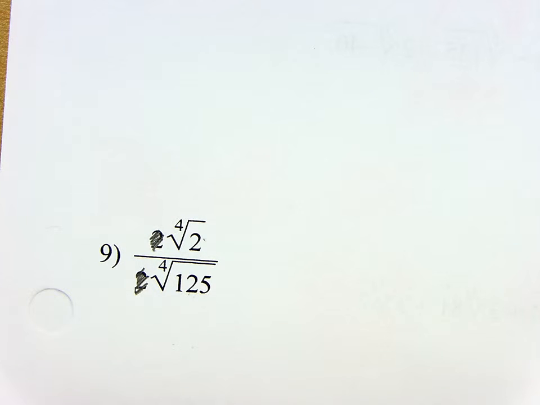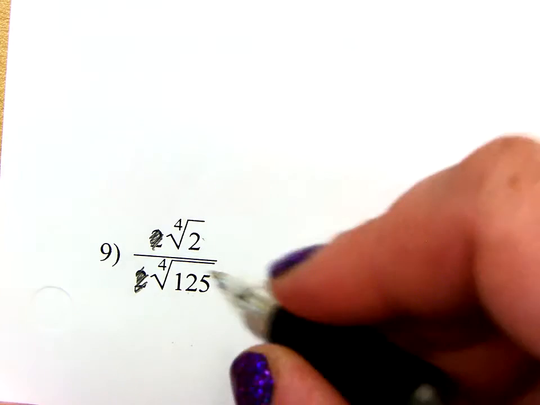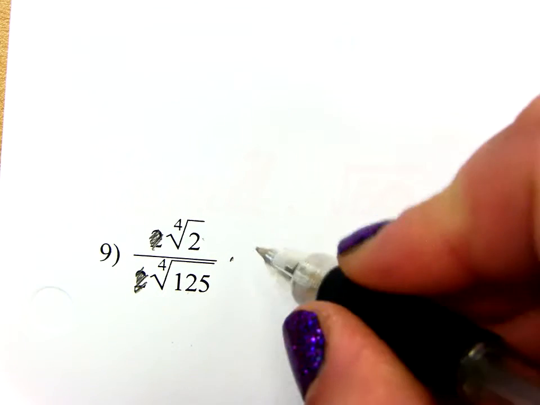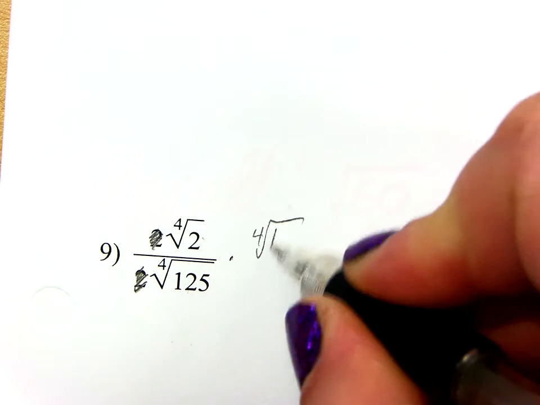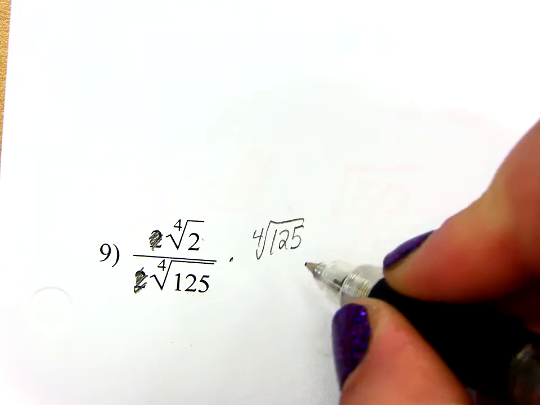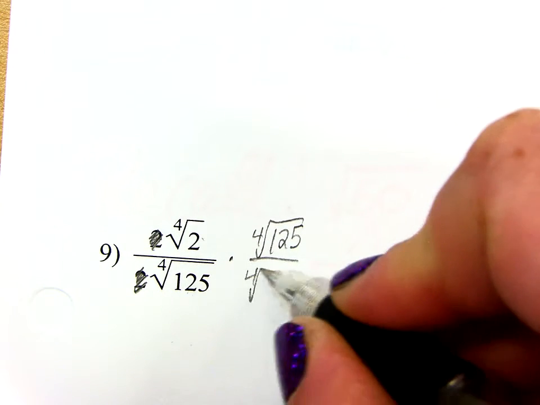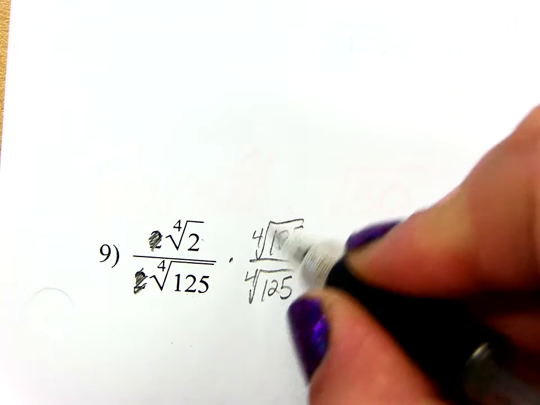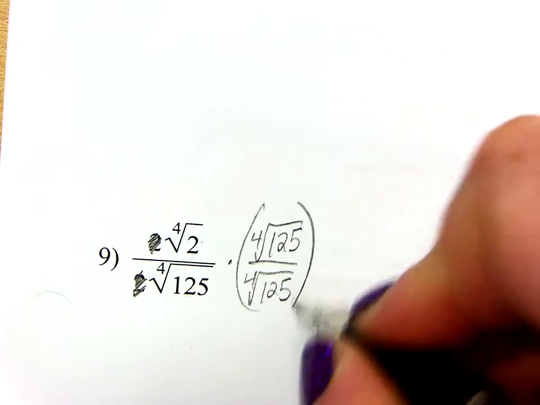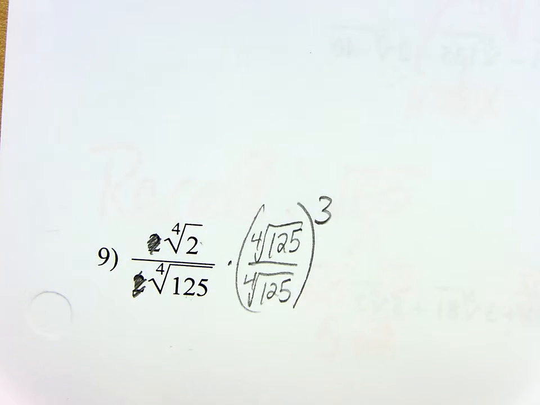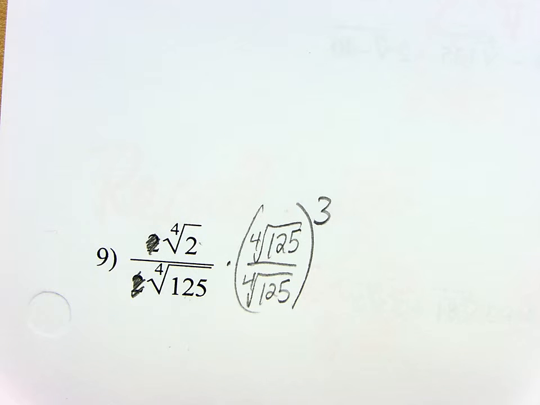So, it's up to you. I don't care how you do this part. If you're lazy and you don't want to write the fourth root of 125 3 more times, you can write it like this. I don't advise you doing this, though, but you can do it like that. Now, it's easy to know what the denominator is going to be.